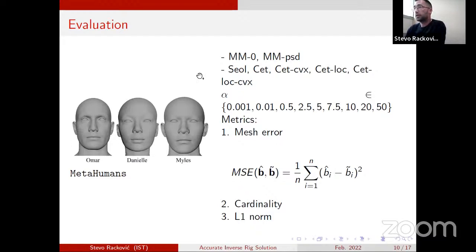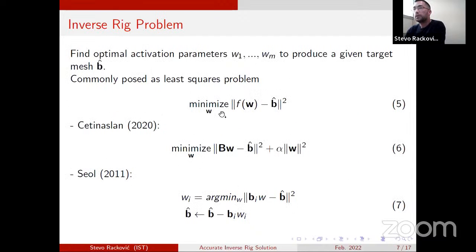We benchmark our model with these two, but as we mentioned here, the authors didn't include constraints on the vector W, which is very important to us. So we need to add them here.